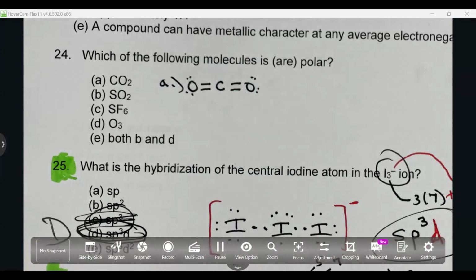And for carbon dioxide, which one's more electronegative? Oxygen, correct. But oxygen's pulling to the right, the other oxygen's pulling to the left. That's going to cancel out. This is nonpolar, yes? We know this is nonpolar.